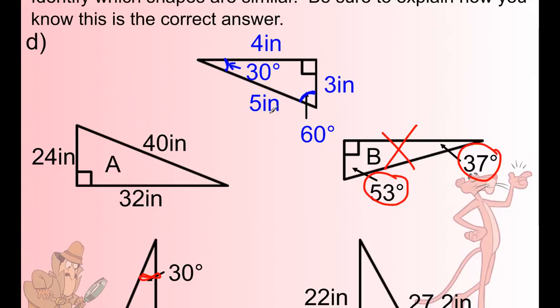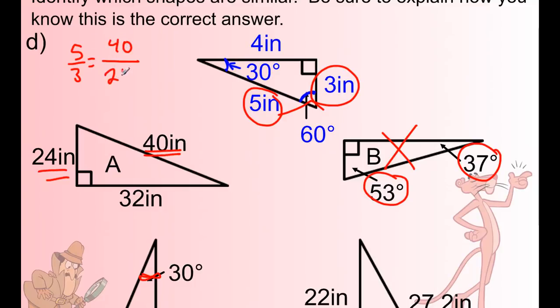So you don't have to use all three sides. I'm going to pick the hypotenuse over the shortest side. So the biggest side over the shortest side. So 5/3 equals, now from triangle A, the longest side over the shortest side. So we have my corresponding parts, 40/24.